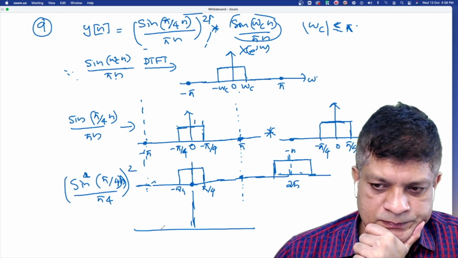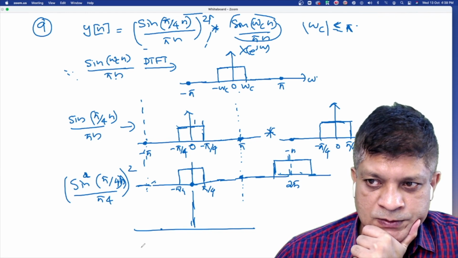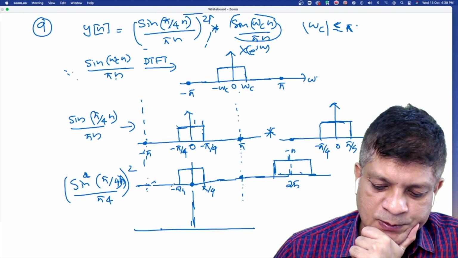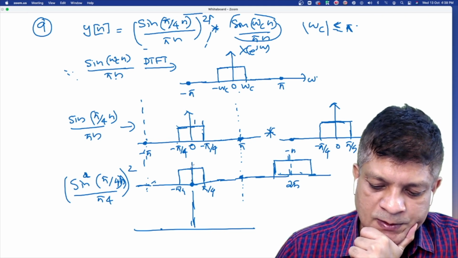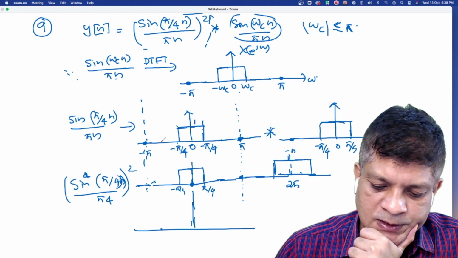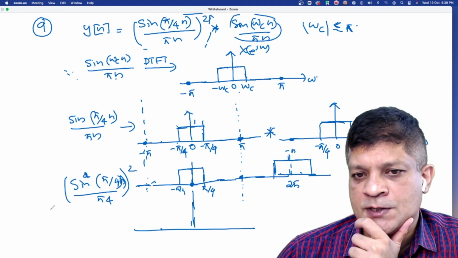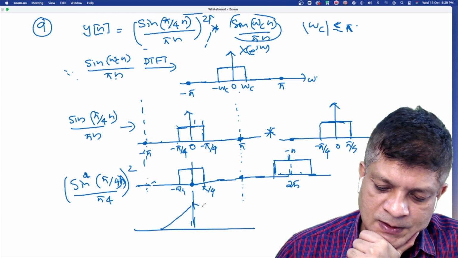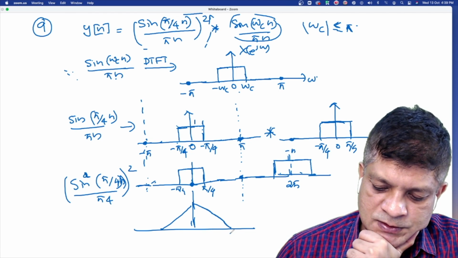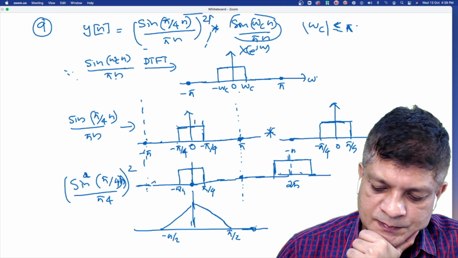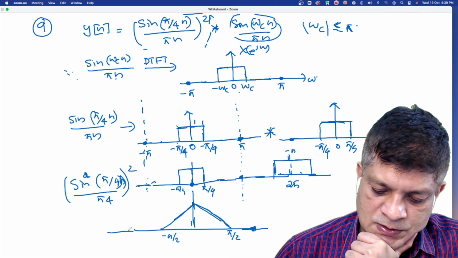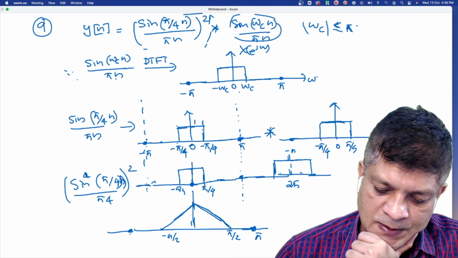It increases linearly starting from minus pi by 2, because when this point reaches minus pi by 2, the overlap starts. So it increases linearly and then decreases, up to pi by 2. My drawing is not to scale; this is pi, minus pi.